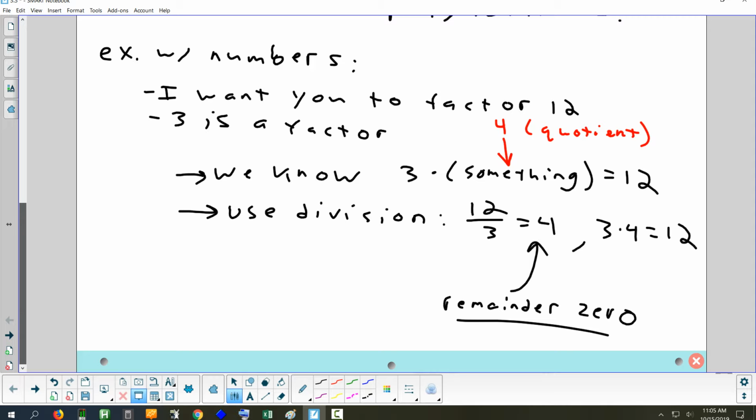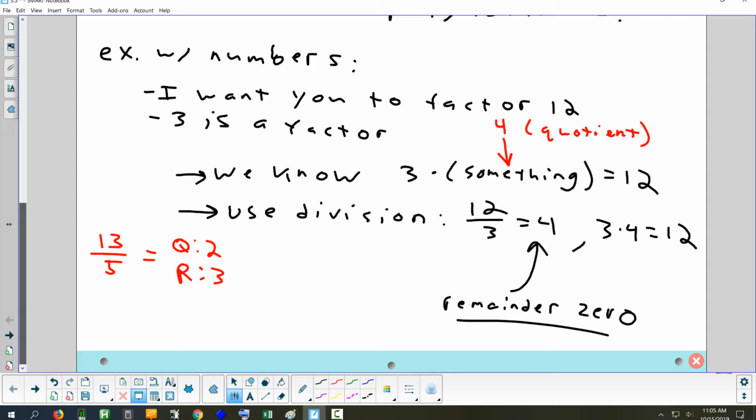If I took, let's say, 13 and divided by 5, do I get a remainder of 0 when I do 13 divided by 5? No. What's my remainder? 3. So if you do this, you get 2 remainder 3.